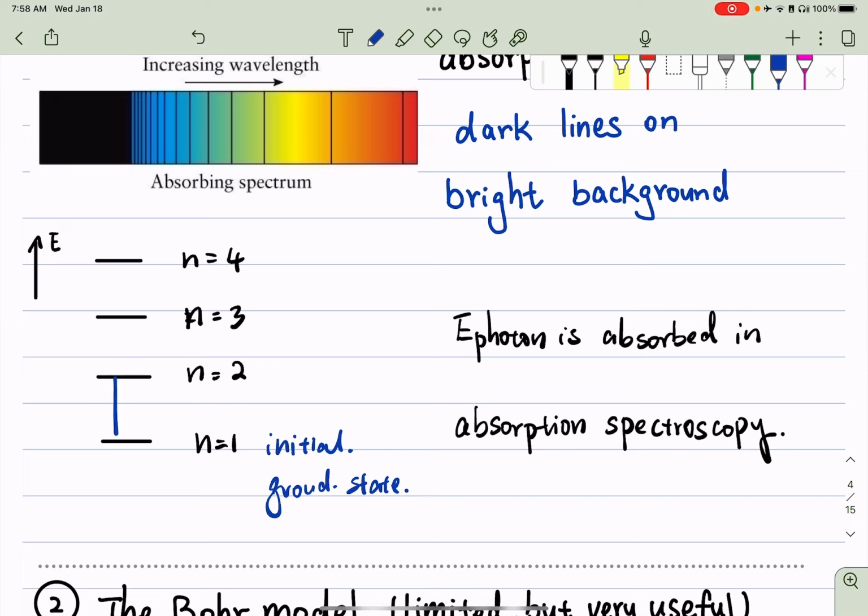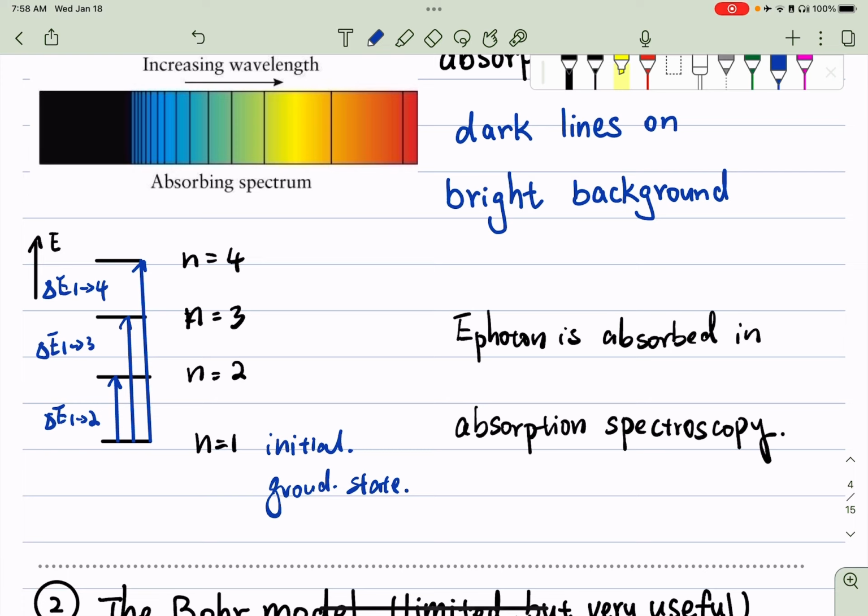And what we have is delta E, that's 1 to 2. Delta E, 1 to 3. Delta E, 1 to 4.